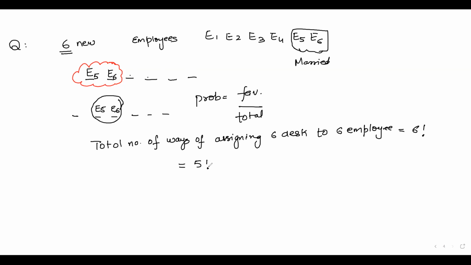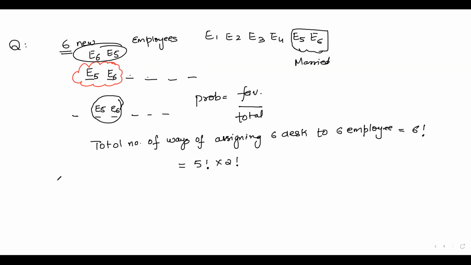But they can interchange their places. In how many ways can they interchange? Either E5, E6 or E6, E5, so in 2 factorial ways.